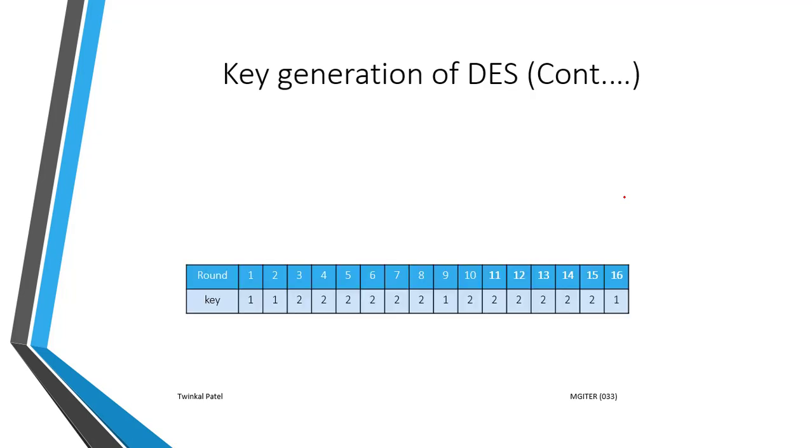First of all, if it is round 1, then 1 bit is shifted. If it is round 2, then also 1 bit is shifted. For rounds 1, 2, 9 and 16, 1 bit is left shifted, and for the other rounds 2 bits are shifted.